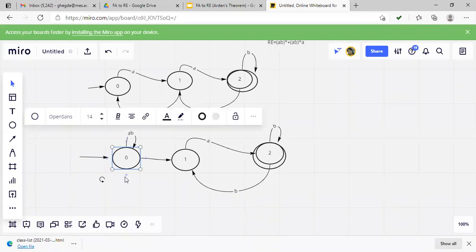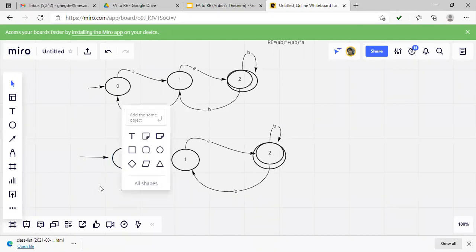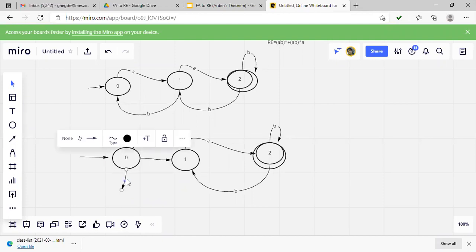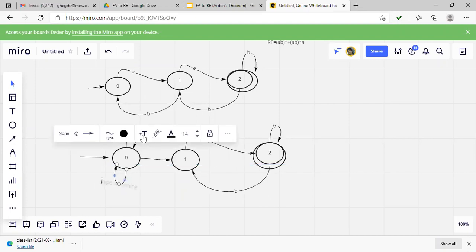That also we need to add. So it is A, B star, B, B.